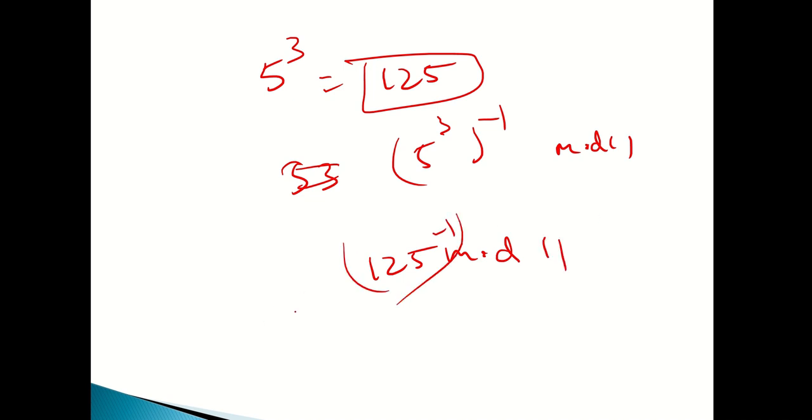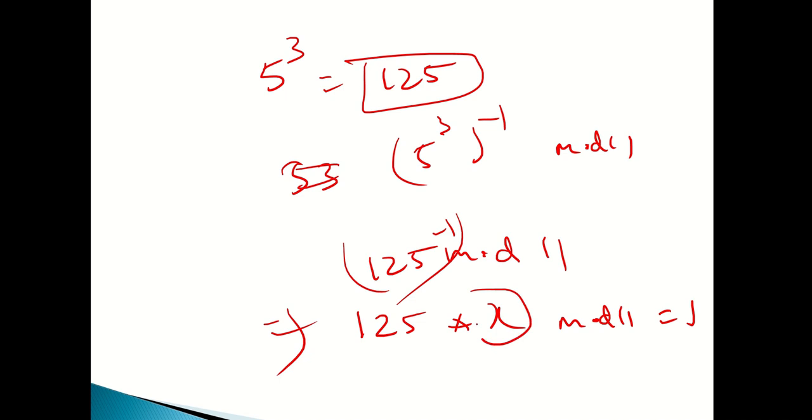As per the inverse formula, you need to find 125 into x mod 11 which will give you 1. So this is the whole equation. I calculated that value and the x value is 3.